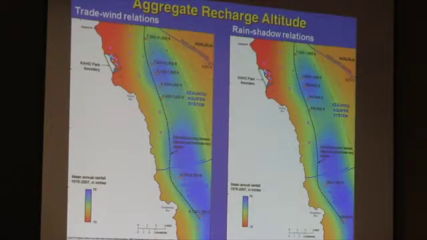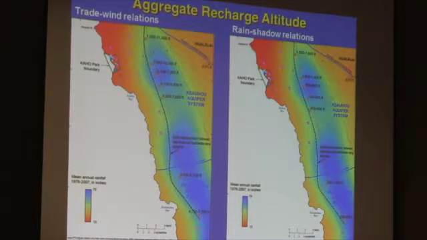Okay, so what I've shown here, and it may be difficult to see, is two maps. Let's just look at the one on the left. I've plotted next to the orange squares, the wells that we sampled in the high-level system, the aggregate recharge altitude based on some existing published relations for the isotopes versus altitude.